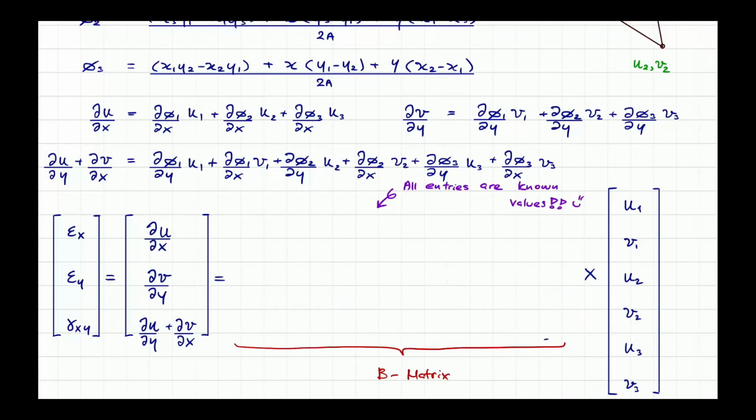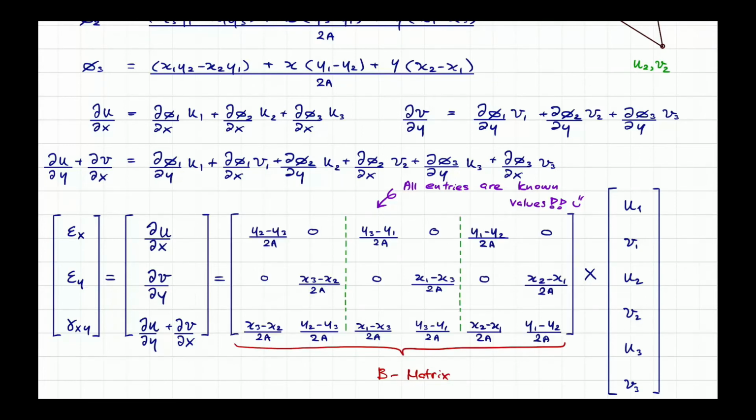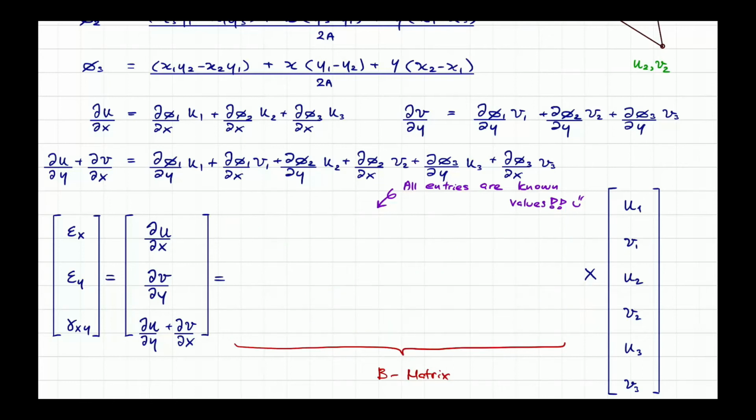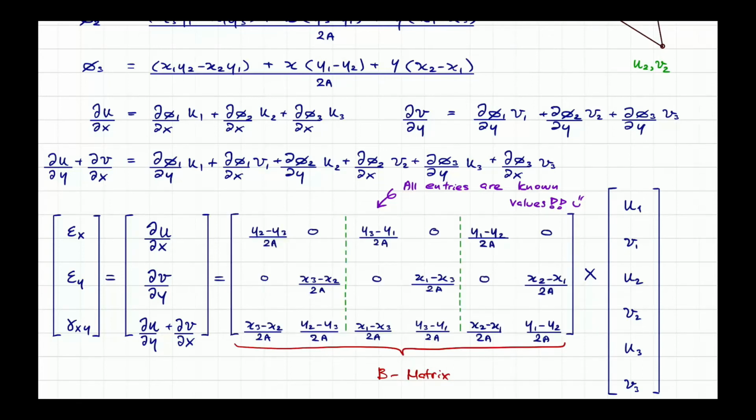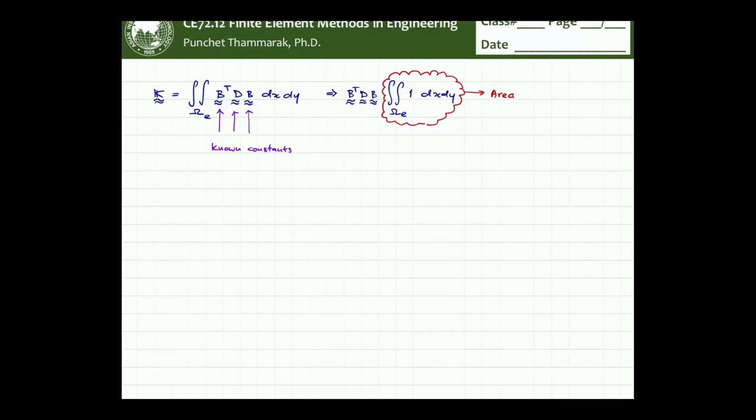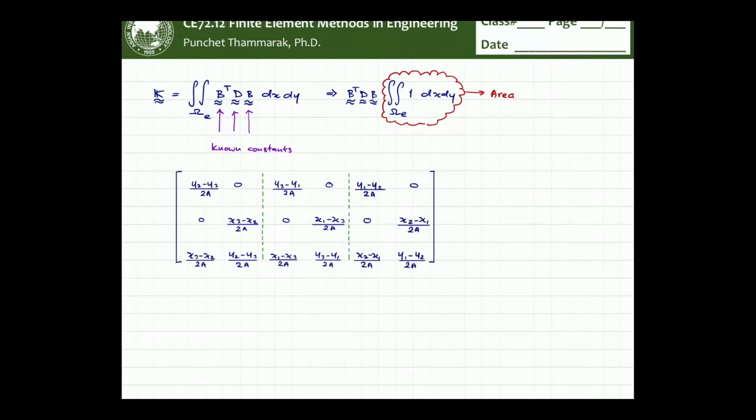Yes, you can take the area out, but as you have the B matrix times the B matrix, you're going to have 1/2A twice.